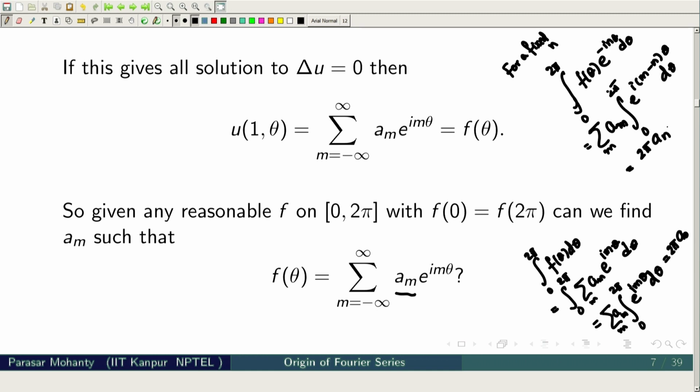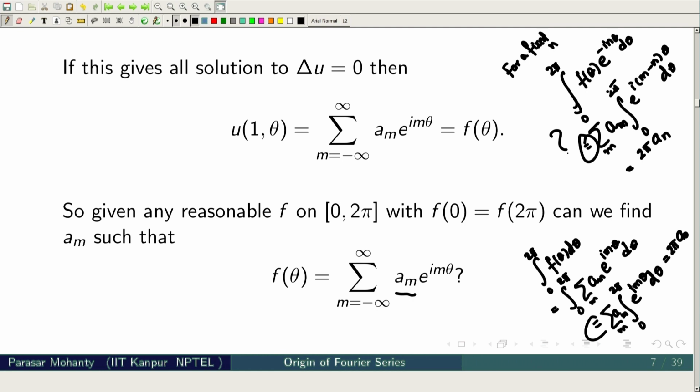So without caring about the correctness of all these mathematical ideas we have employed, if you grant me the freedom to interchange the sum and the integral, then we know that given an f, how to determine a_m. But all these steps need to be justified mathematically, why all these are valid steps.